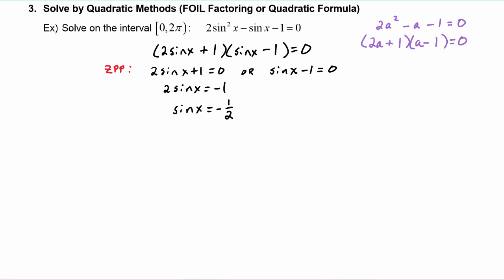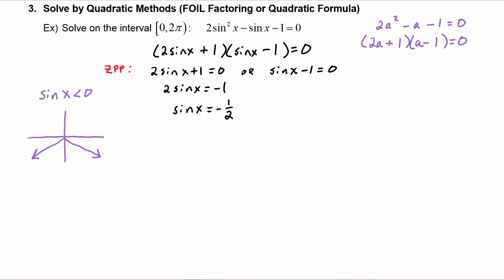We need to take this equation and draw a picture of it. So sine of x is negative. So that tells us that we are going to be in quadrants 3 and 4.